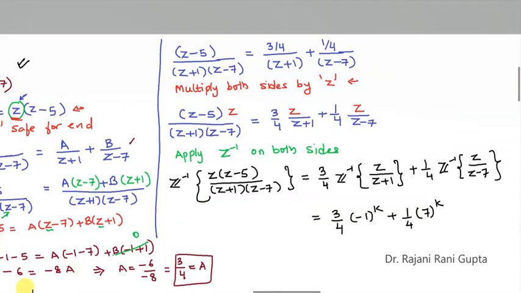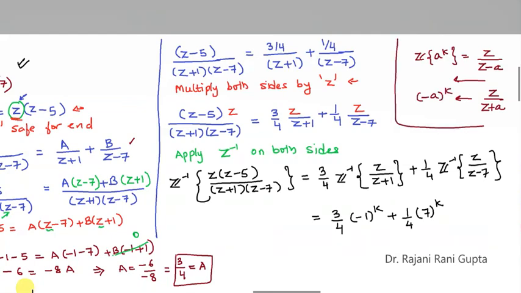Remember, we are making use of the rule: z transform of a to the power k is z over z minus a. So when we are taking the inverse, we are using it this way. If it is z over z minus a, we get plus a to the power k. If it is z over z plus a, it will give you minus a to the power k.